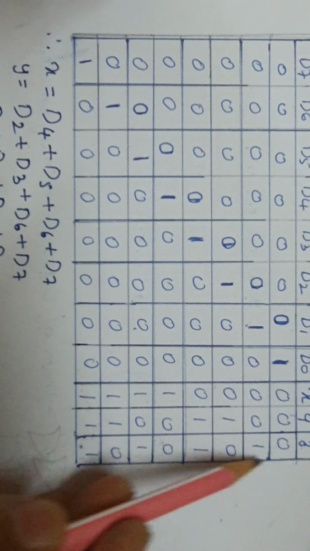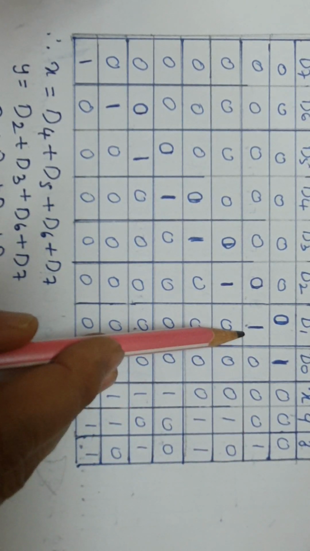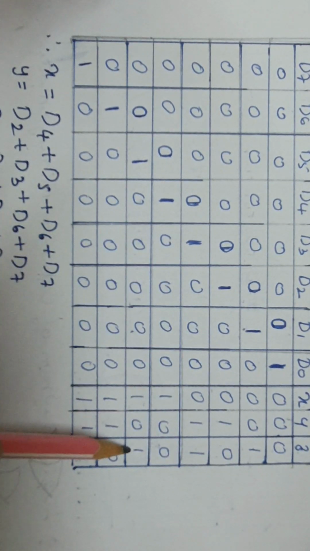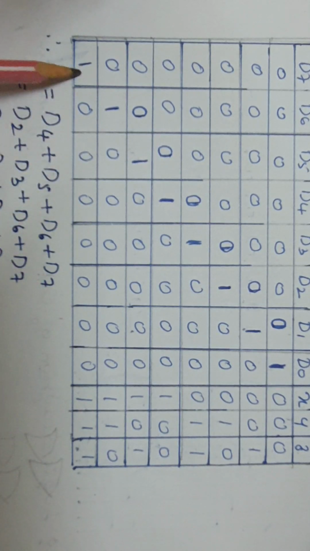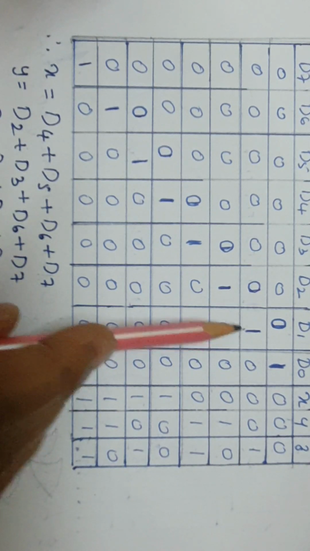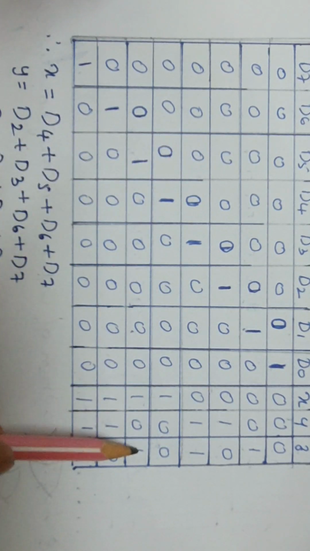Next, the Z output, if you consider, is 1 for D1, D3, D5, D7. So Z is 1 for D1 or D3 or D5 or D7.